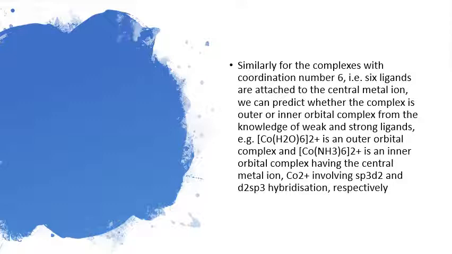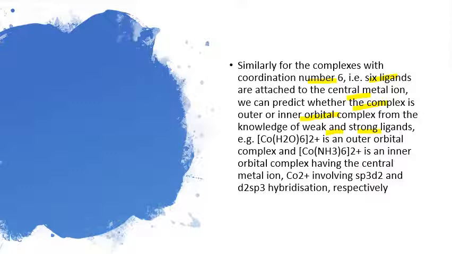Similarly, for complexes having coordination number 6, the 6 ligands are attached to the central metal ion, and we can predict whether the complex is an outer or inner orbital complex depending on the weak and strong ligands. If a weak ligand is approaching, that causes the outer orbital complex, and if a strong ligand is there, then we have the inner orbital complex.